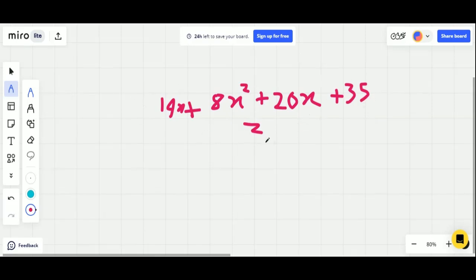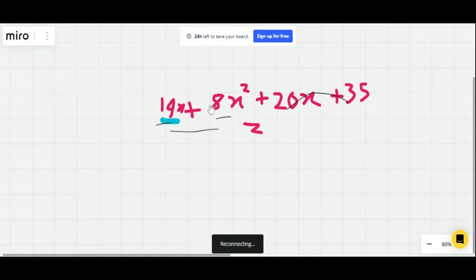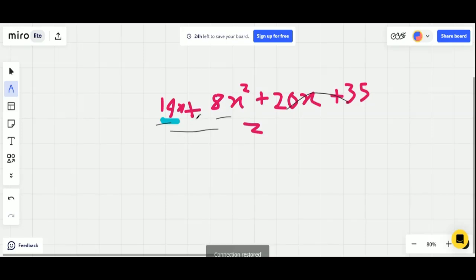So you can do the factorization in many ways, but an effective way is grouping. I'm taking 14x and 8x square. You could group these two and you could group these two, taking 2x as the common factor, and here taking 5 as the common factor.